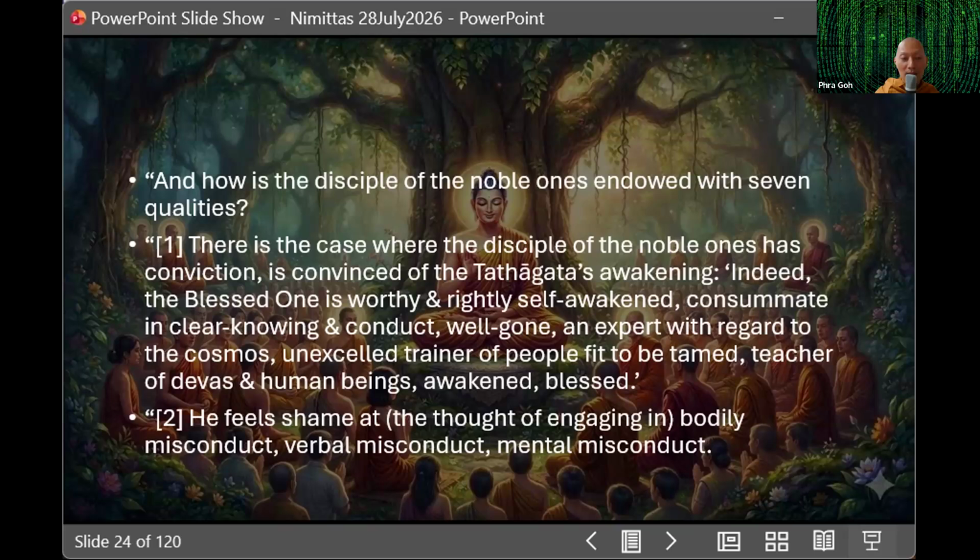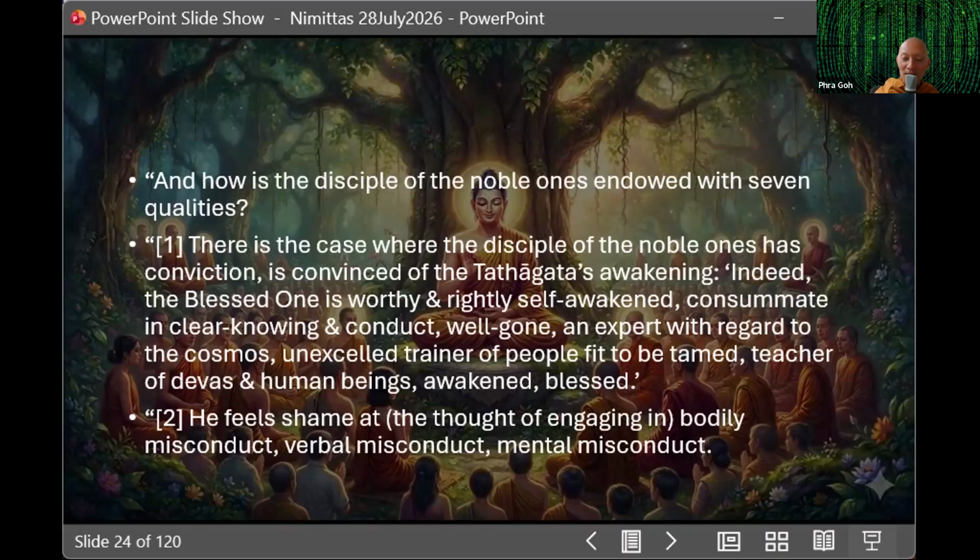Okay, then the second quality: he feels shame at the thought of engaging in bodily misconduct, verbal misconduct, mental misconduct. Yeah, so there's this thing called moral fear and shame. So basically our guilty conscience.